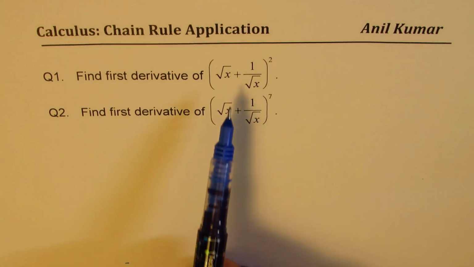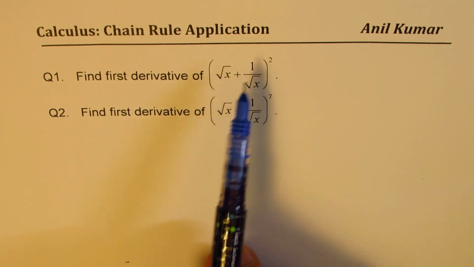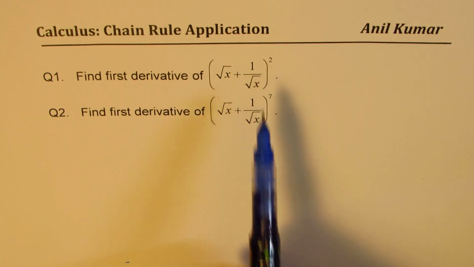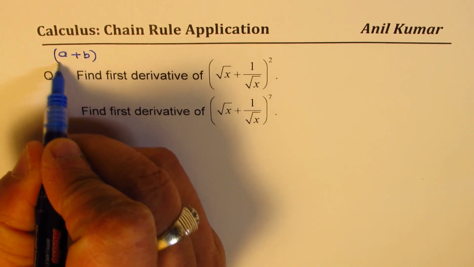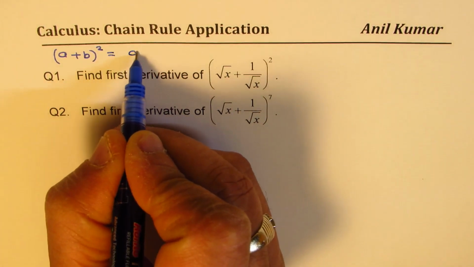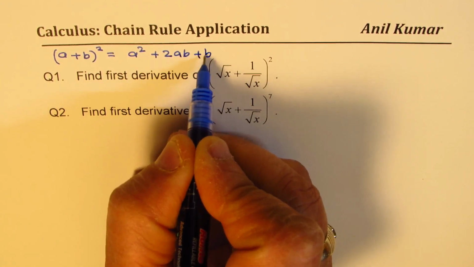Now, if you are given the first function and you need to find the derivative, you could do it without the chain rule also. I hope you remember what (a plus b) whole squared equals, which is a squared plus 2ab plus b squared.